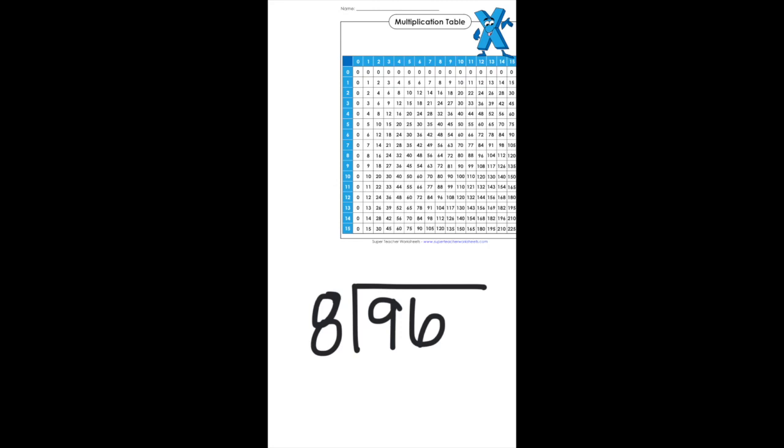We're dividing by 8, so we can use our multiplication table and look in our 8's column. If we highlight our 8's column, our goal is to get as close to 96 without going over. How close can we get to the number 96 without going over?